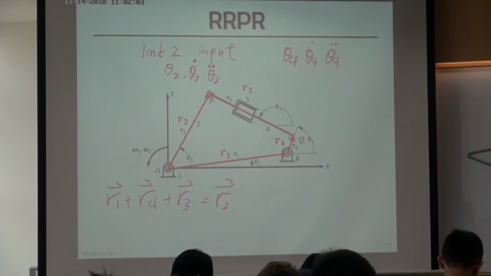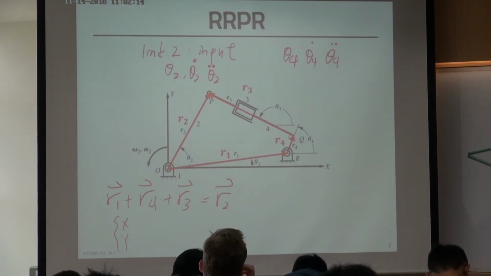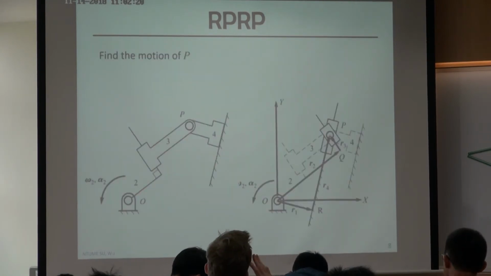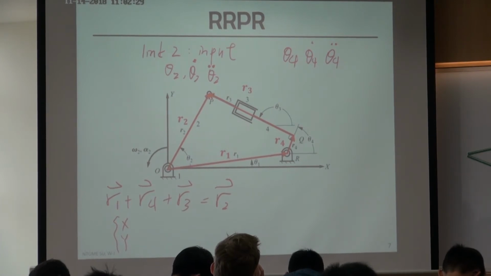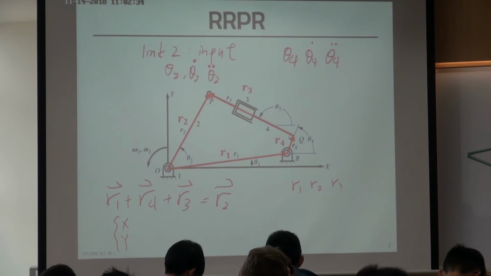If we have only two unknowns among these four vectors, then the x and y component equations should help us solve them. Each vector includes length and angle information: R1, R2, R3, and R4.